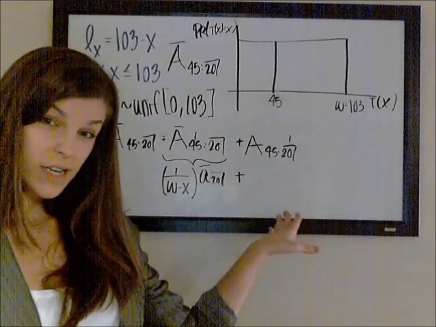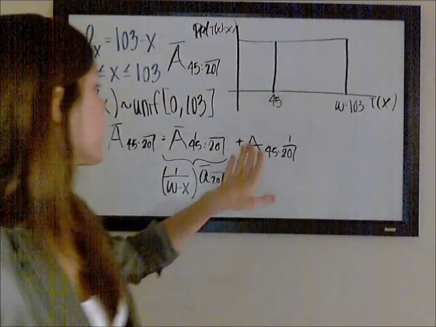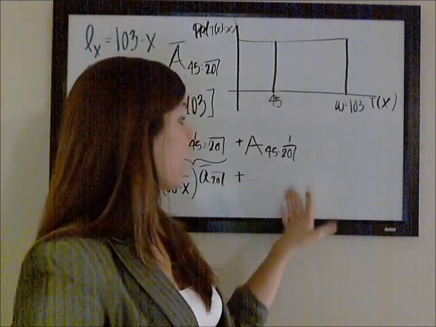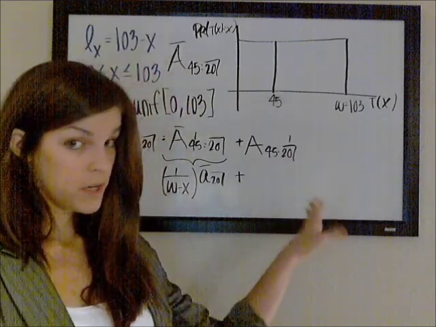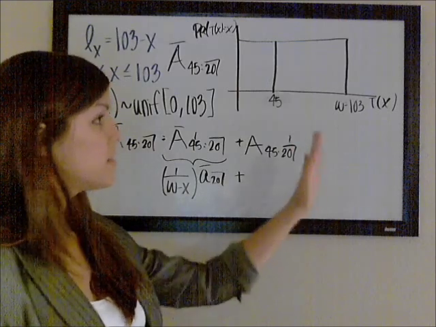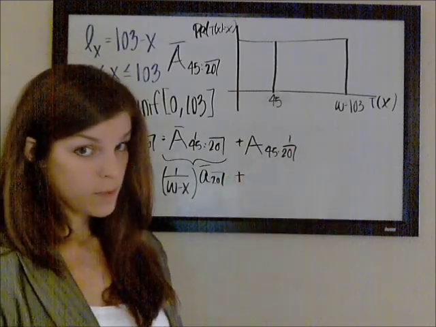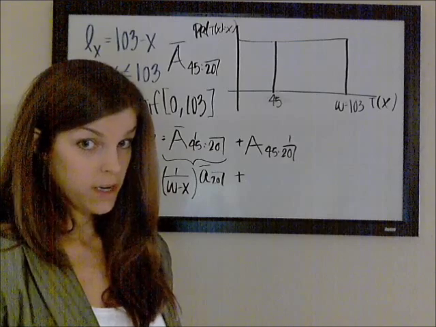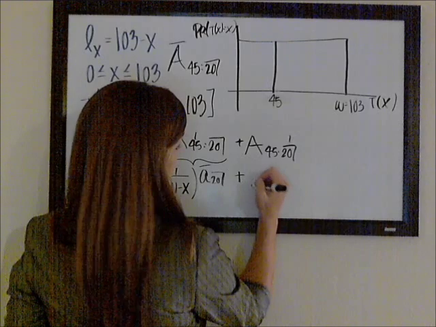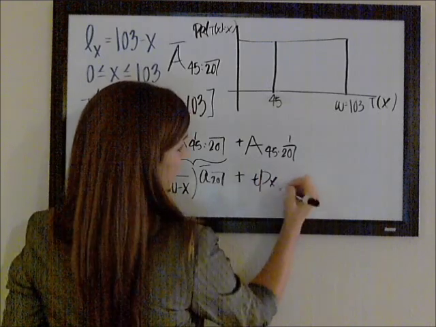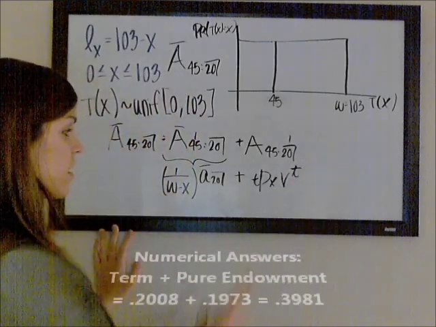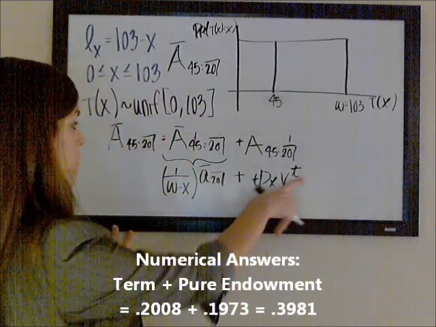And then for the pure endowment, you already know that this is a payment 20 years from now, if you reach that point. So it's a payment of 1 discounted for 20 years of probability, the probability that you even reach that point, and for 20 years of interest. So this, just like it always is, will be tPx v^t. Here it would be 20p45 v^20.